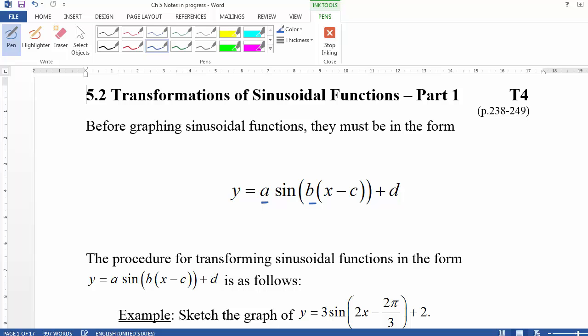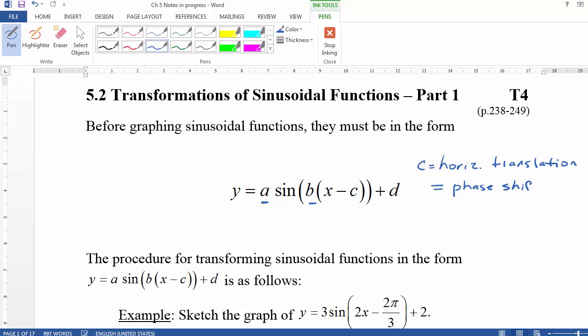And I don't think it's going to be too much of a surprise what C and D are. C shifts it left and right, and D up and down. So in the past, we just called C a horizontal translation, and we can still call it that. But you'll see the textbook and other sources refer to this as a phase shift when we're talking about waves and sinusoidal waves.